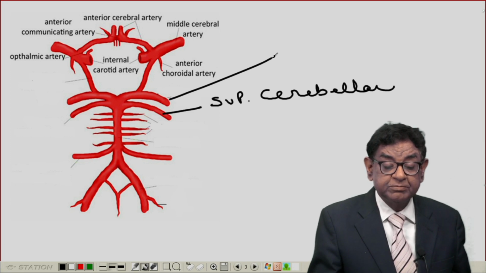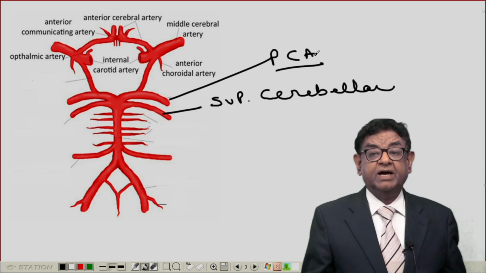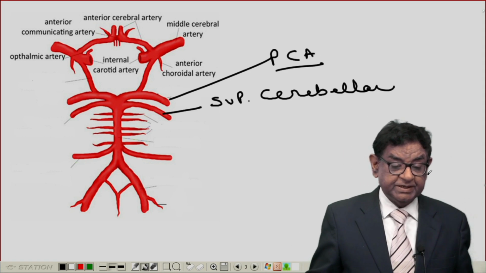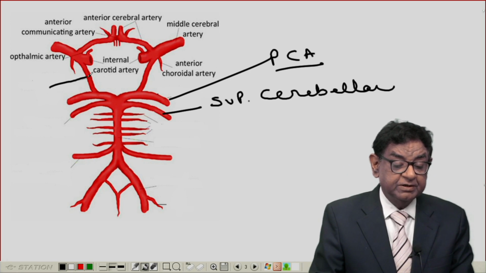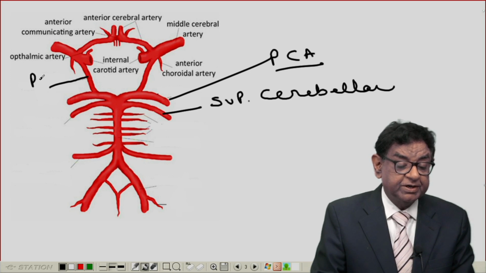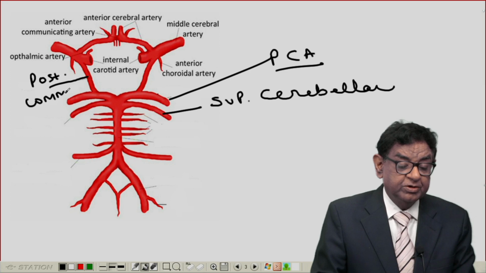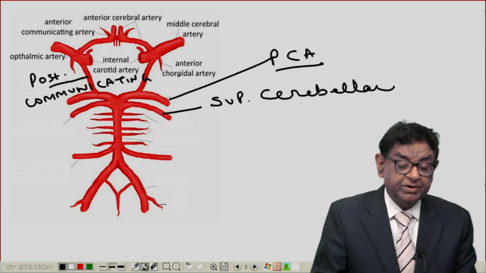And this is the posterior cerebral artery, PCA, and this is the posterior communicating artery.